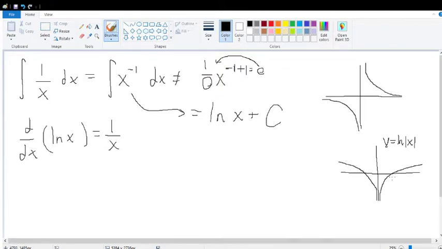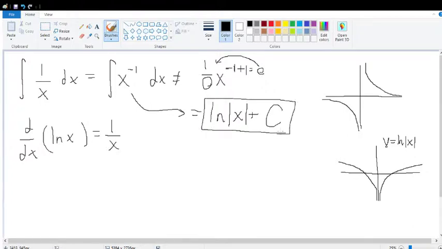Because the argument will always be positive, and that'll just solve the problem completely. So this is important. Even though the derivative of ln x is 1 over x, the antiderivative of 1 over x is actually going to be ln of the absolute value of x, if you wanted to find it for all real numbers. So now this is our real answer.